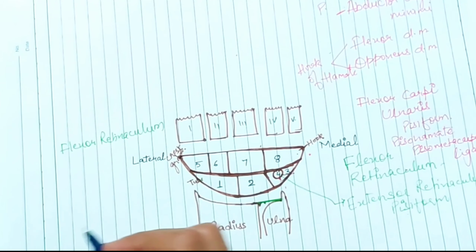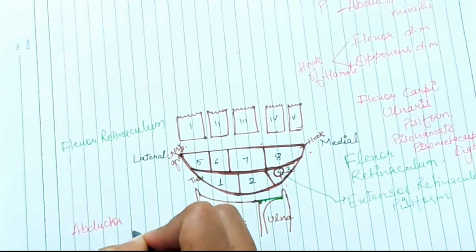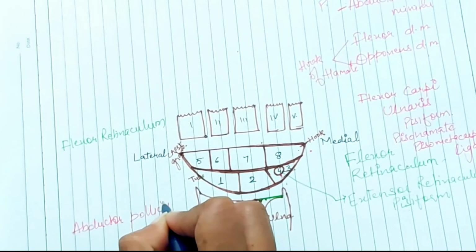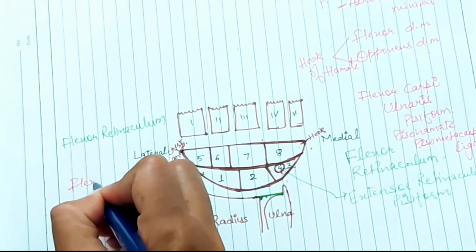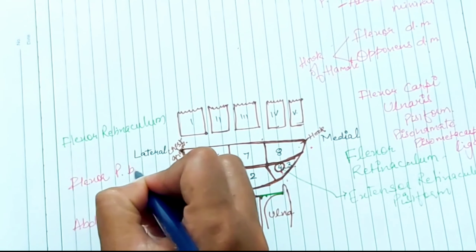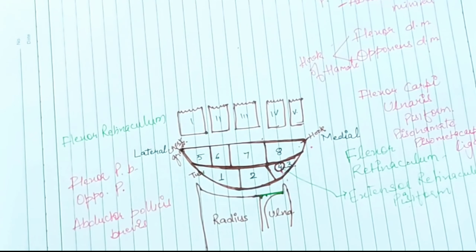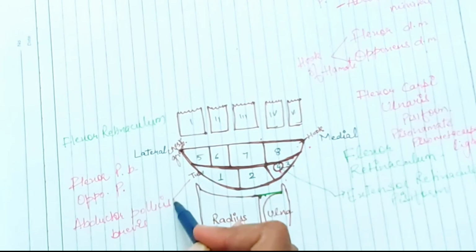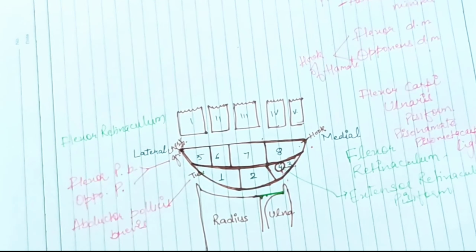The muscles of the thenar eminence are abductor pollicis brevis, flexor pollicis brevis and opponens pollicis. These three muscles are the muscles of the thenar eminence. Out of these three, in a similar fashion to the medial side, abductor pollicis brevis is attached onto the tubercle of scaphoid and these two are attached onto the crest of trapezium.